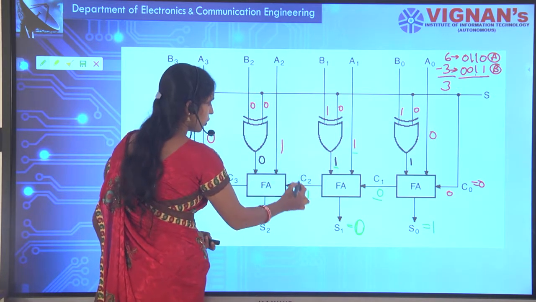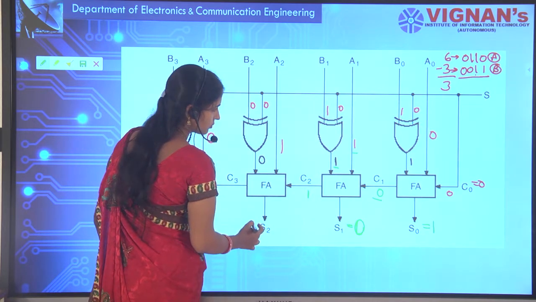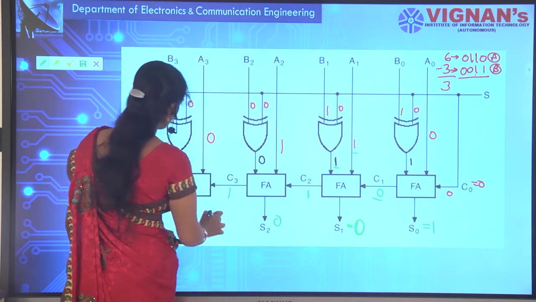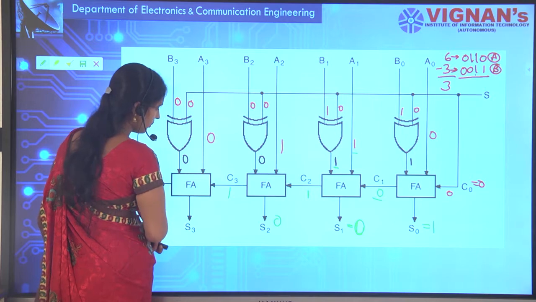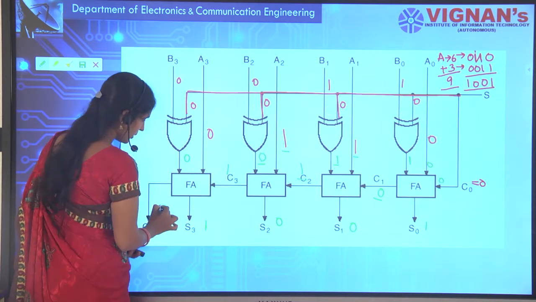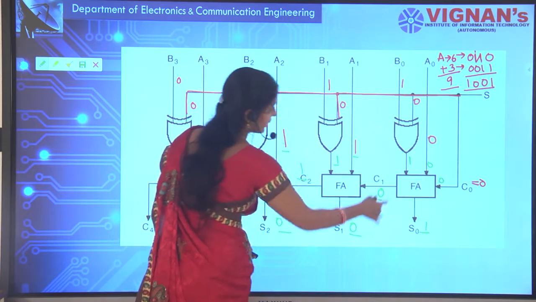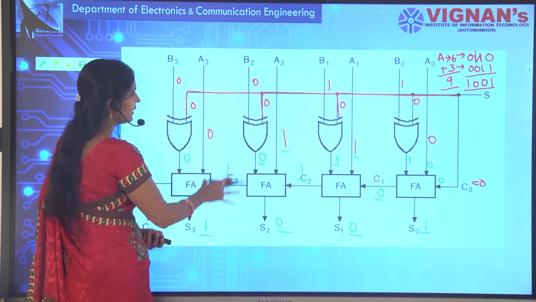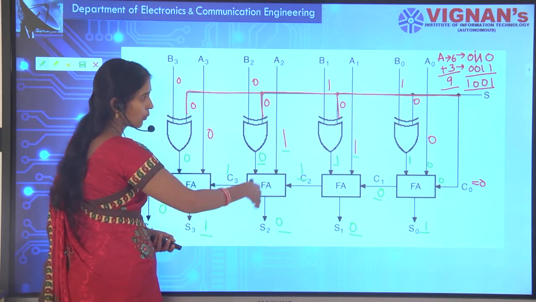At the same time, 1 plus 1 is sum 0, carry 1. This gives 1001, that is 9. You have got 9 as the answer. That means it is adding all the A 4 bits and B 4 bits, providing 9 as my sum.